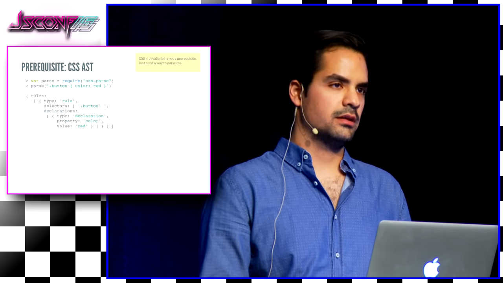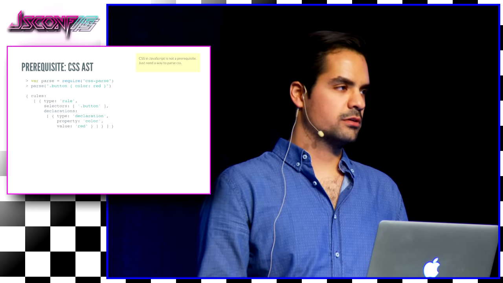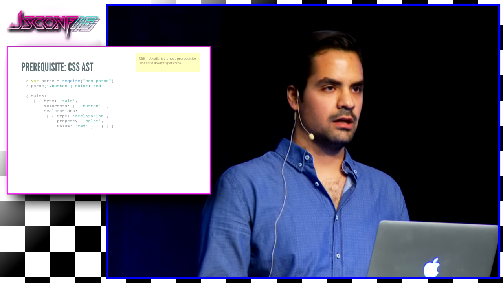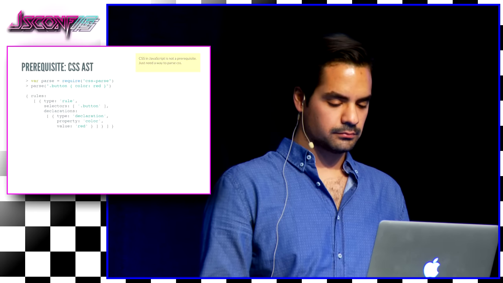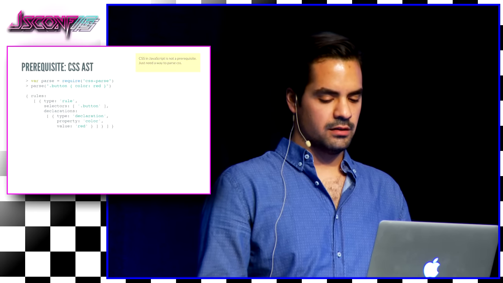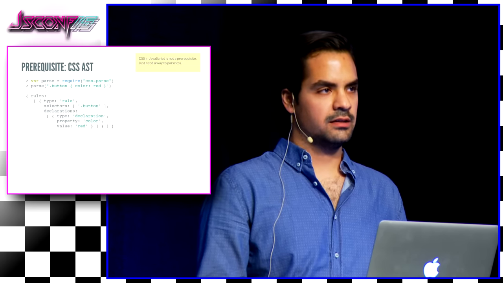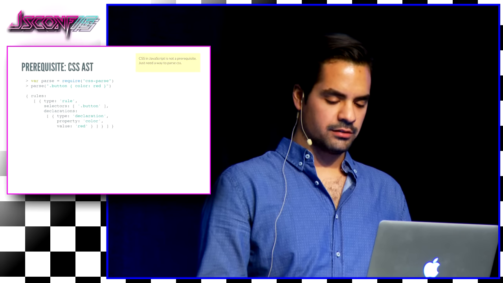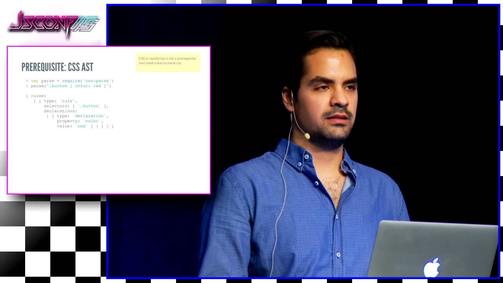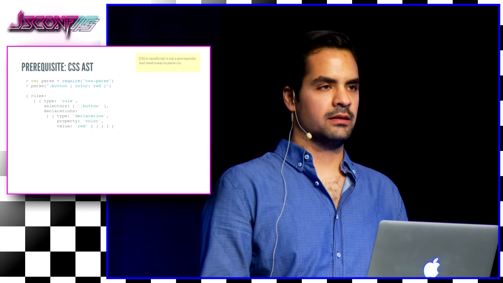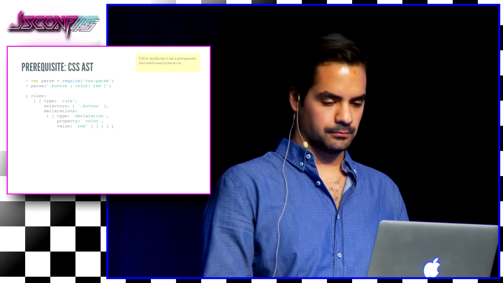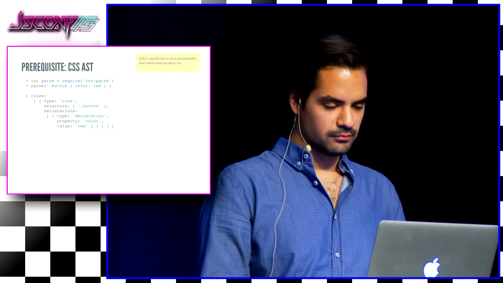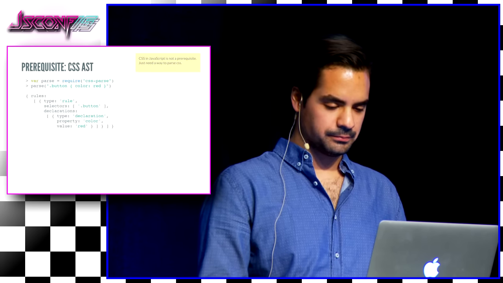What is a prerequisite is having some sort of CSS abstract syntax tree, or CSS AST, available to us in the browser. What I mean by this is we need to be able to take a CSS source string and be able to understand and inspect it and see exactly what's being defined in that source. Of course, there's an NPM module for that.